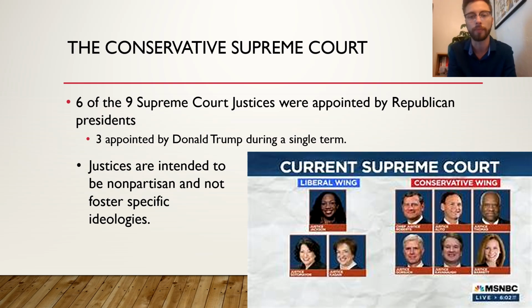And you may remember from recent years, the most recent Supreme Court appointment, appointed by Joe Biden, is Justice Ketanji Brown Jackson, who sits alongside Justice Sonia Sotomayor and Elena Kagan, who were both appointed by Barack Obama during his terms in office.